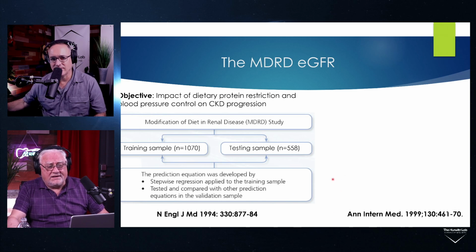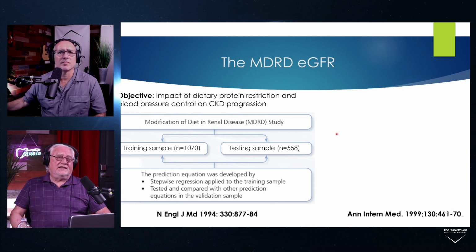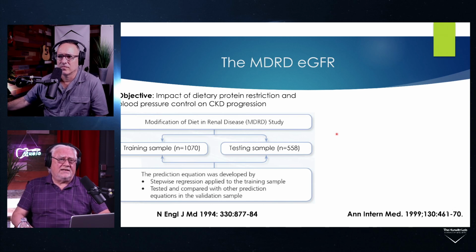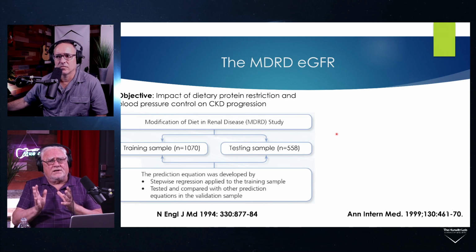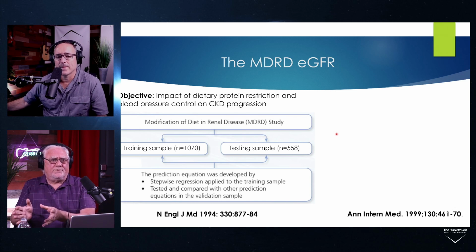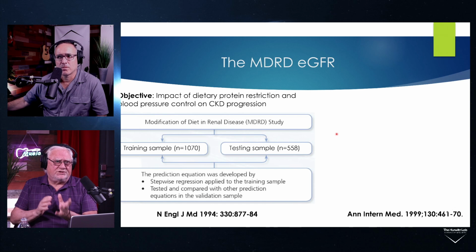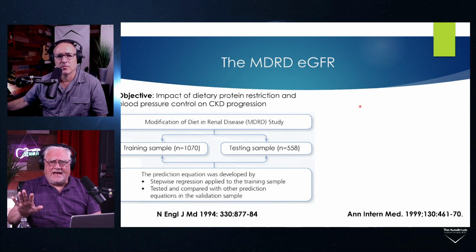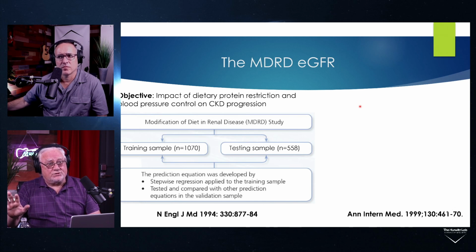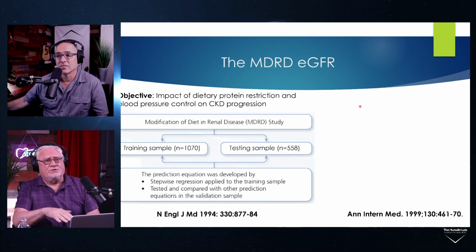It was limited because all the participants in the MDRD study had a GFR of 60 or less. So the equation really was only derived from a population of adults with a GFR of 60 or less, and you could only fairly apply it to that group. To this day, if you see a report where the estimated GFR is described as greater than 60, they don't give you a number. They're using the MDRD equation.